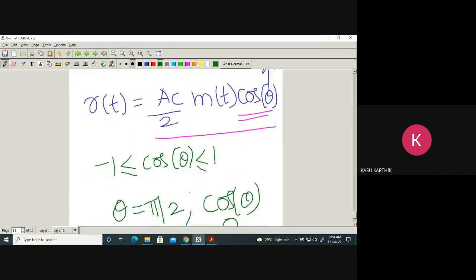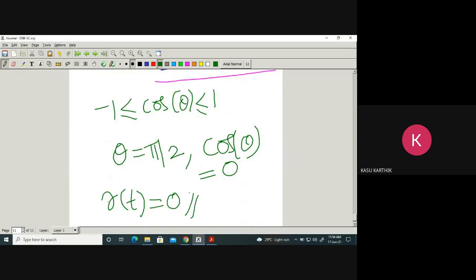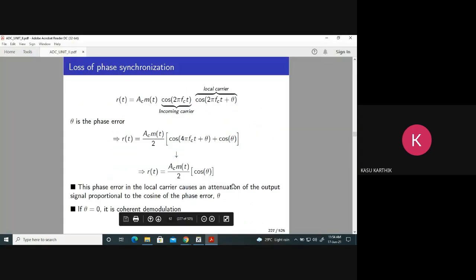That is the effect of having a phase mismatch between the two carriers. As long as cos theta is not 0, it is just like attenuation. If theta equals 0, there is no phase error, which means there is synchronization. But if theta equals 90 degrees or π/2, you get 0 output.